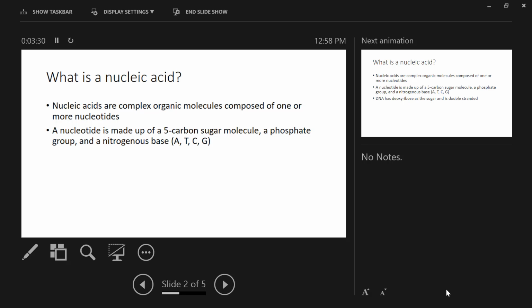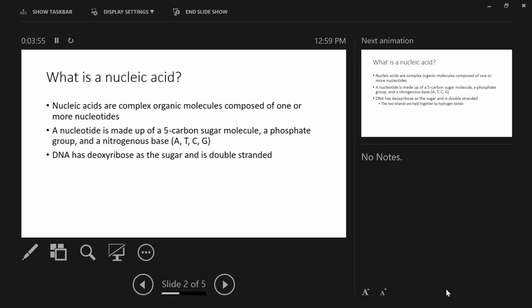Do any of you know an example of a nucleic acid? DNA, which stands for deoxyribose nucleic acid. So DNA is one of our nucleic acids, probably the one that we know the most about, and it has deoxyribose as the sugar, so that 5-carbon sugar making up those nucleotides is deoxyribose.